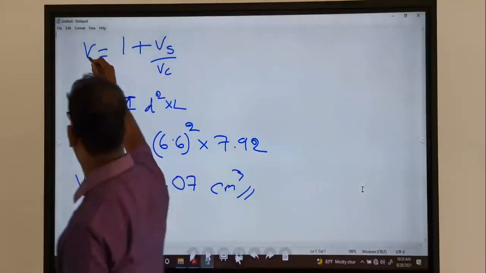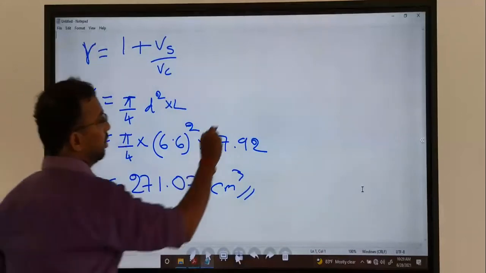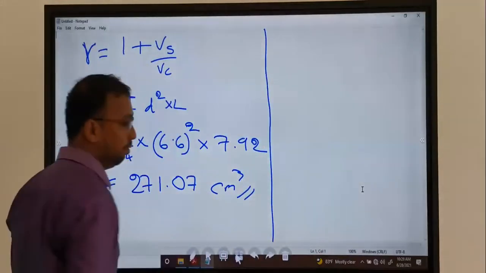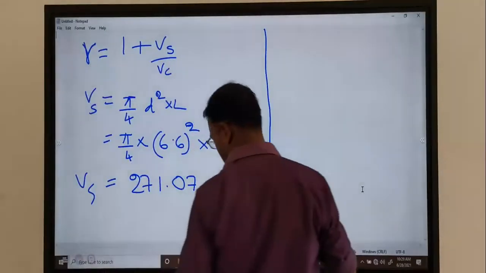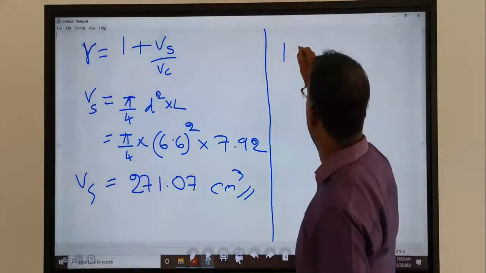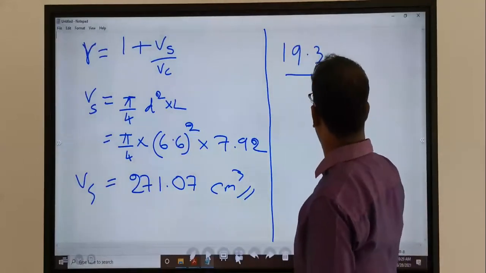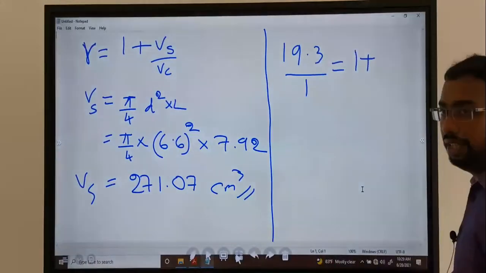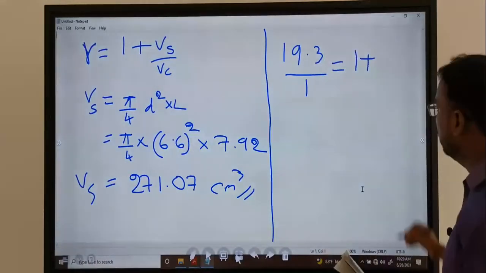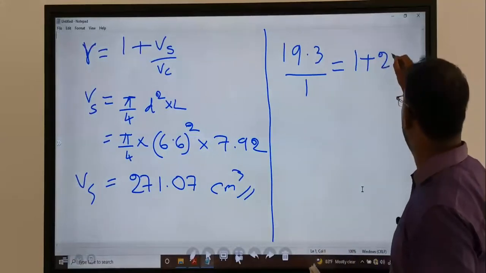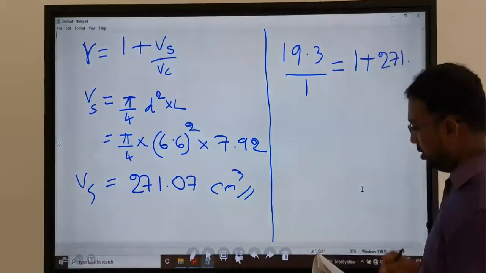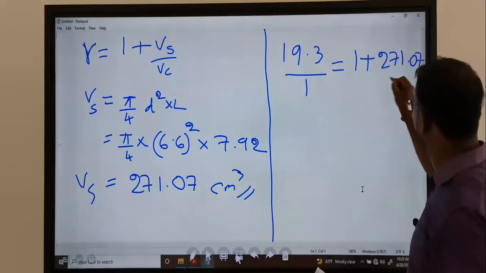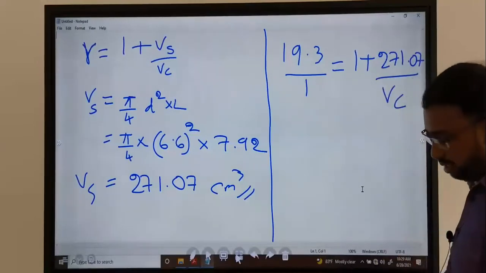So the ratio we know. This R means ratio. What is the ratio? 19.3 to 1. R is 1 plus Vs over Vc. Vs we now know, 271.07. Vc we have to find.